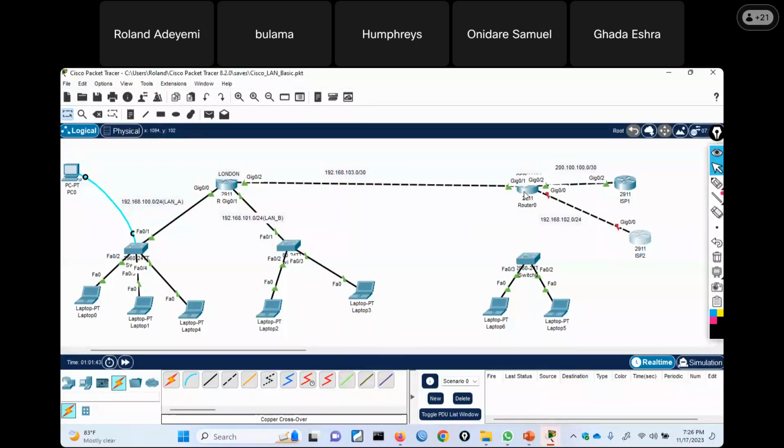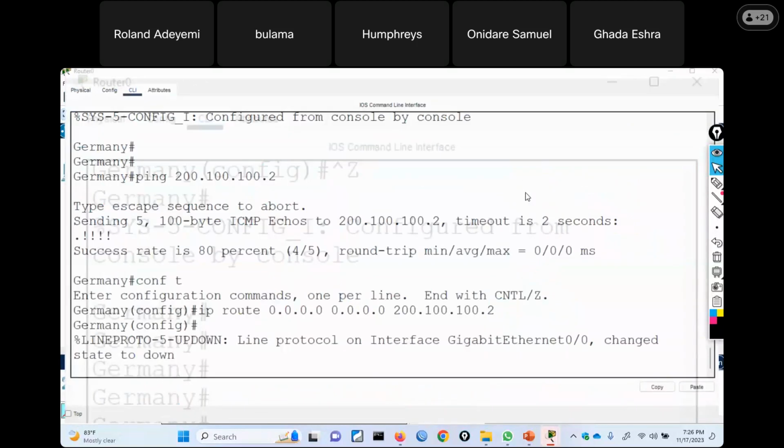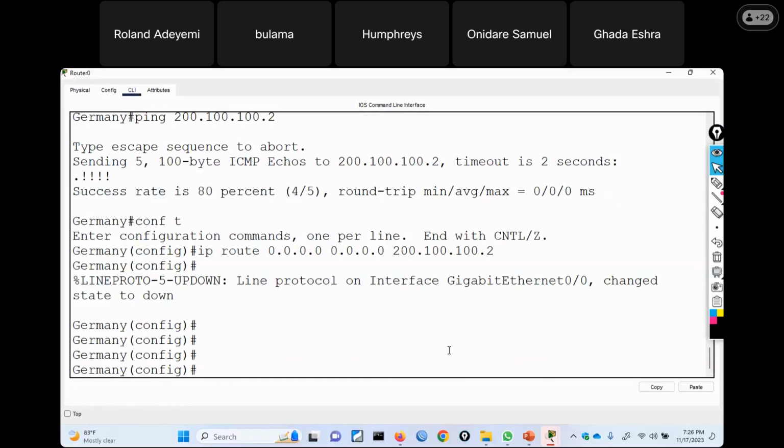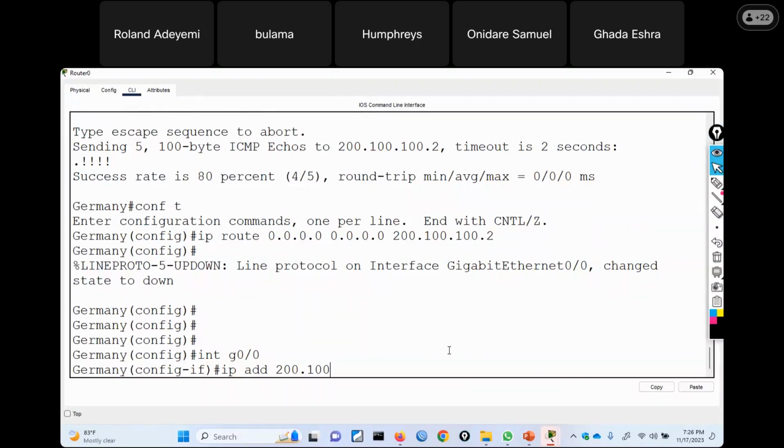So let's configure this other link. Make sure we have communication between them. Interface, IP address. That is another network entirely. No. 252.0. Overlapping. How can you overlap?